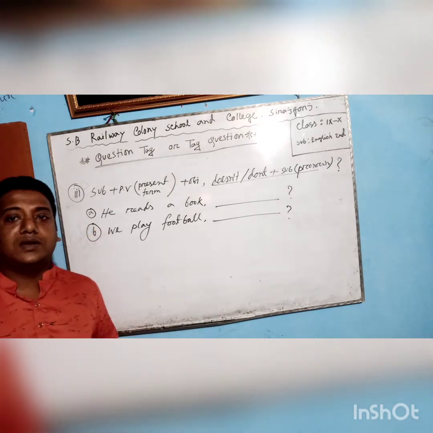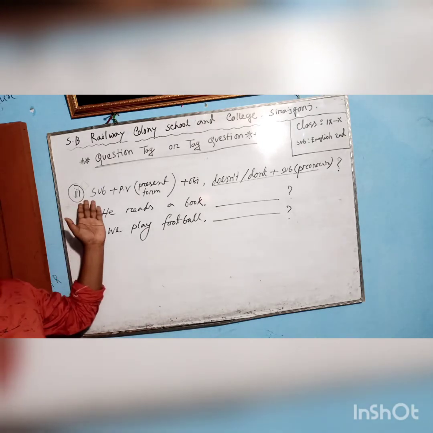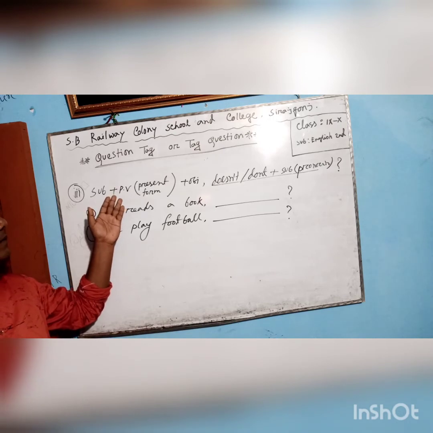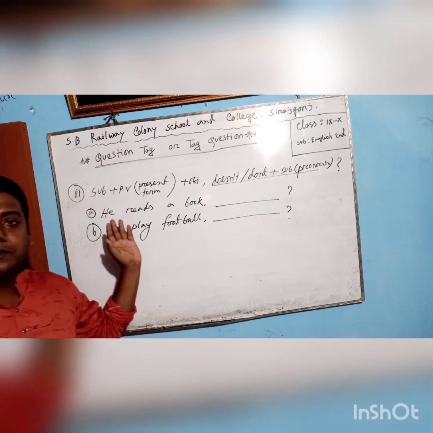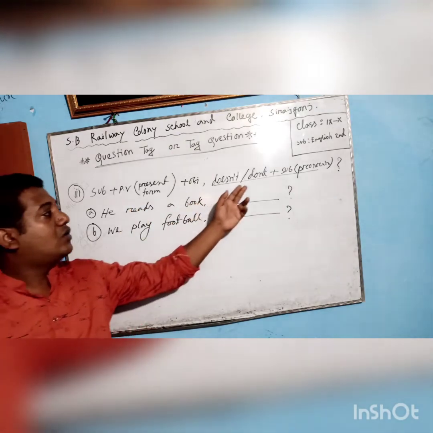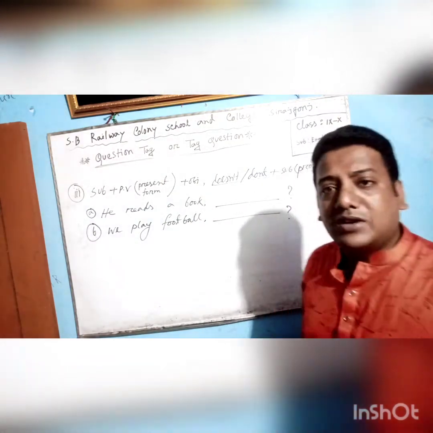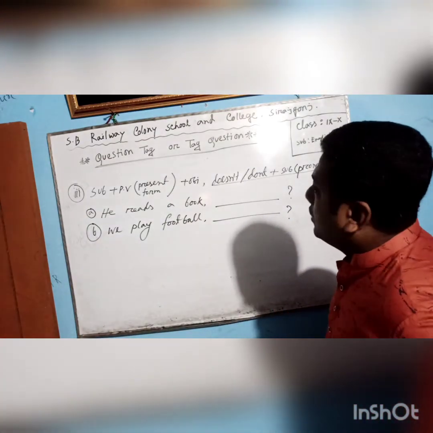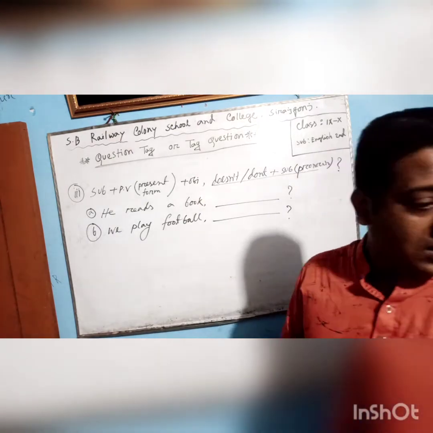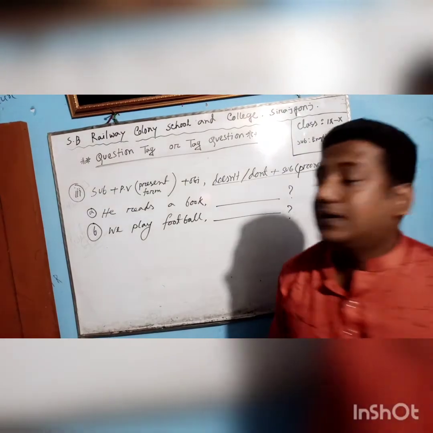When our statement is like this structure, that means subject plus PV, present form of PV, and object, we use does not or do not. And the subject, of course, is a pronoun.